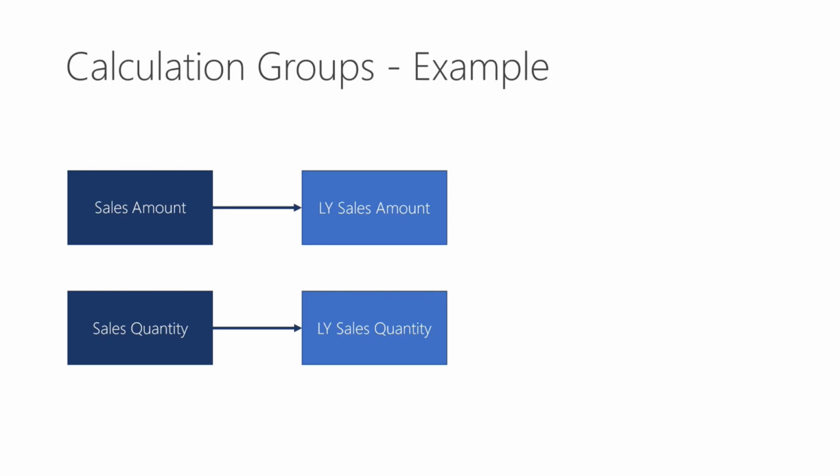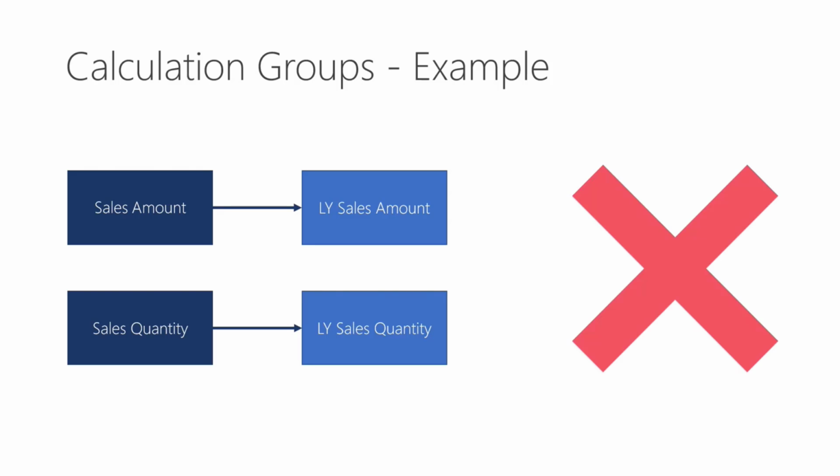And then you would have another measure called last year sales quantity, which would refer to the sales quantity base measure to provide you with last year's sales quantity analytics. But after calculation groups came into play, this is typically not the right way of going about these kinds of requirements anymore.